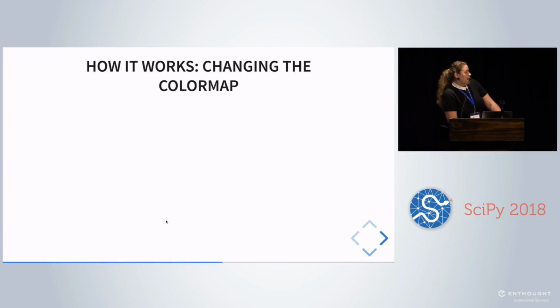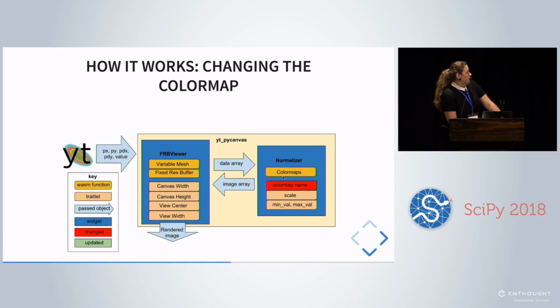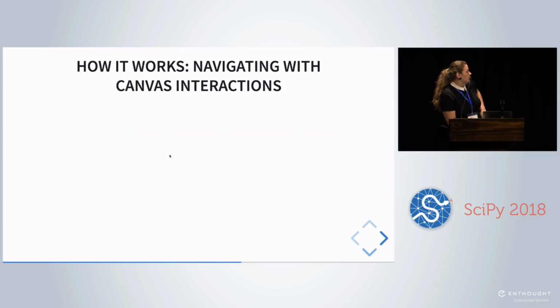If we change the color map, which I've now highlighted in red, nothing upstream of this needs to change. We don't have to interact at all with the variable mesh or the fixed resolution buffer because we didn't change where the view was. So what this is going to do is send the data array back through the COLORMAPs WebAssembly function. It's going to change the image array and the rendered image.